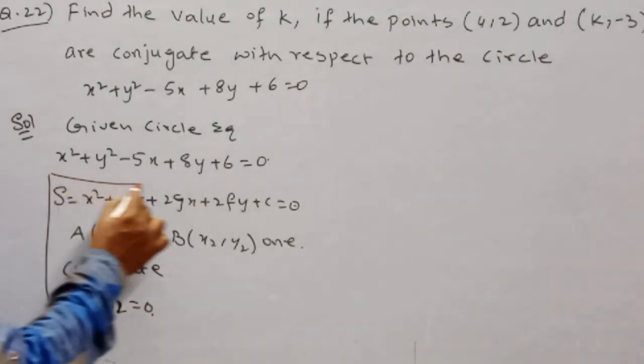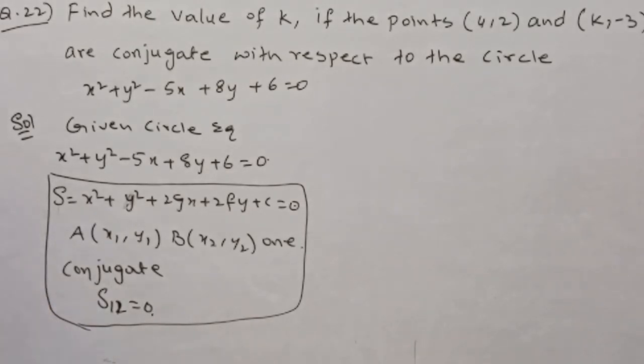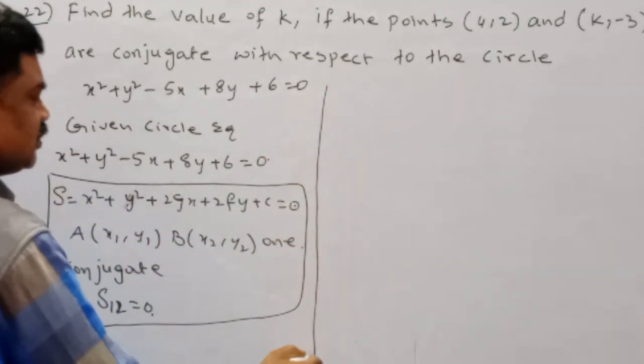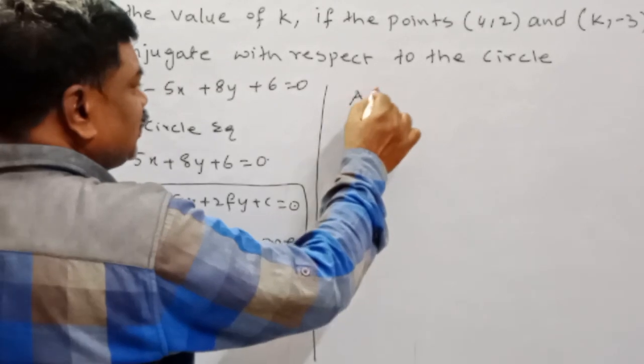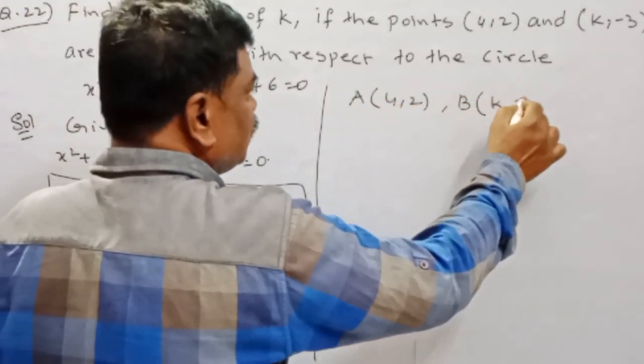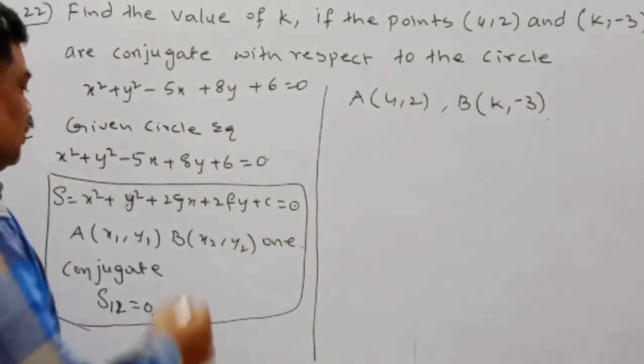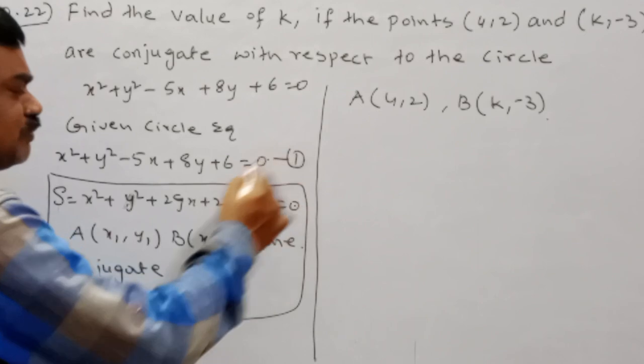This is the condition for conjugate points, S12 equal to 0. So here the points A (4, 2) and B (k, minus 3) are the given points.